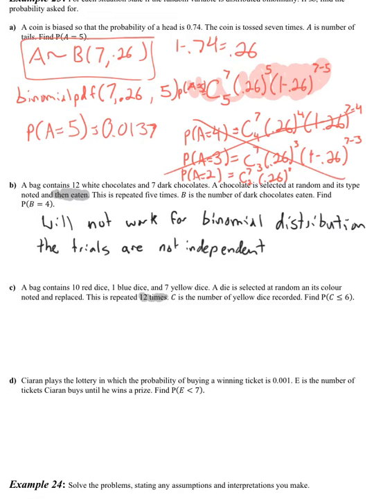And we have to do some probability calculations here. For example, the probability of red, we would say there's 10 red dice out of 10 plus 1 plus 7, so 10/18. The probability of blue, 1/18. And the probability of yellow is 7/18.